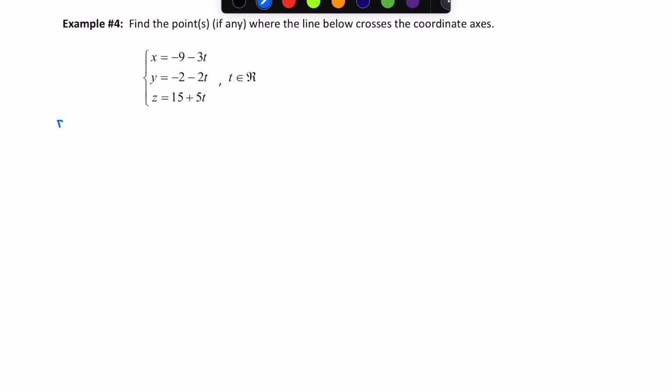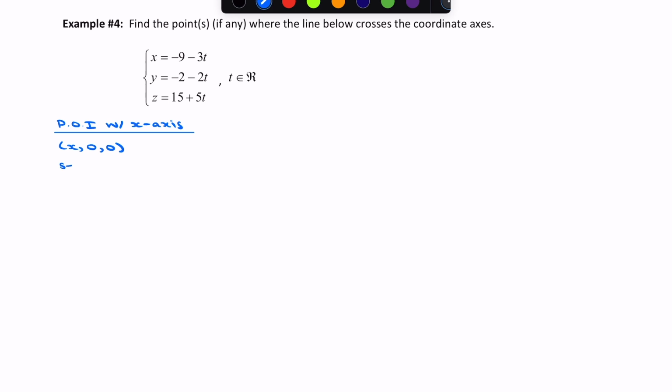So first, the point of intersection with the x-axis, which means that the point will be x, 0, and 0.